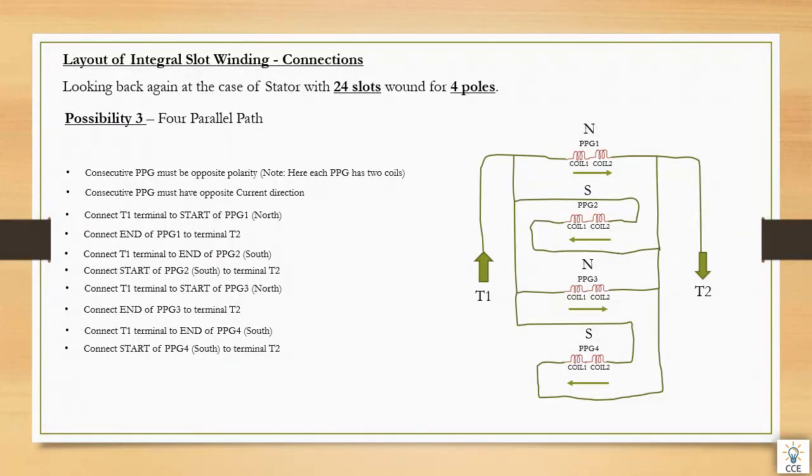Also, when we are not getting the number of turns that is required for each phase, then we can increase the number of parallel paths so that we have a chance to increase the number of turns as well. That is a separate discussion topic on electric machines. Maybe we'll be discussing it sometime later in a separate series.